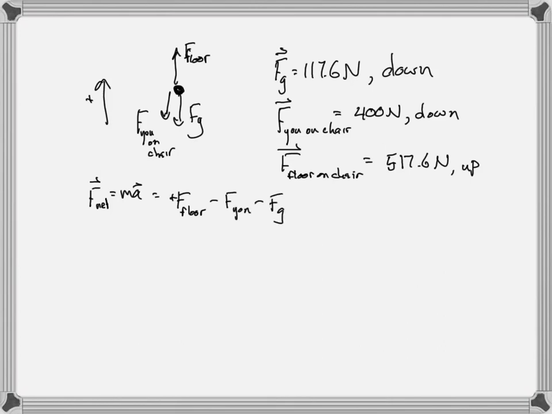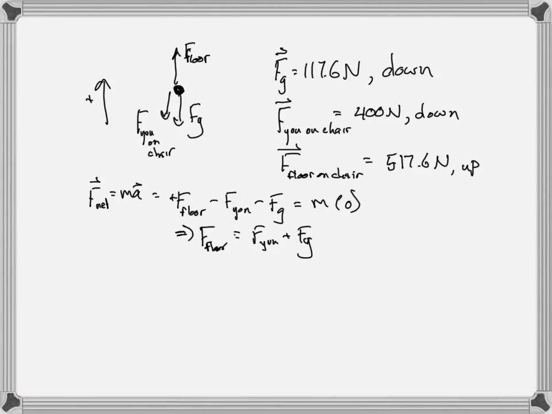Those two are down, so the vector is going to be minus the magnitude. F floor minus the magnitude F you minus the magnitude Fg equals mass times acceleration, 0. So therefore, F floor is equal to F you plus Fg. And so it equals 517.6 newtons up.